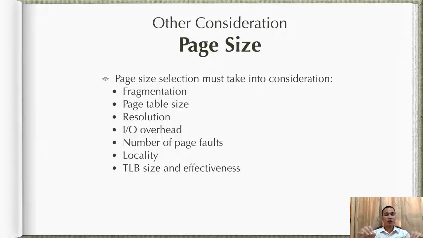Here, if we decrease the page size, it increases the number of pages and hence the size of the page table. With a smaller page size, we have a better resolution, allowing us to isolate only the memory that is actually needed.